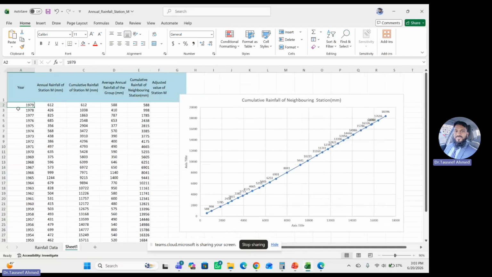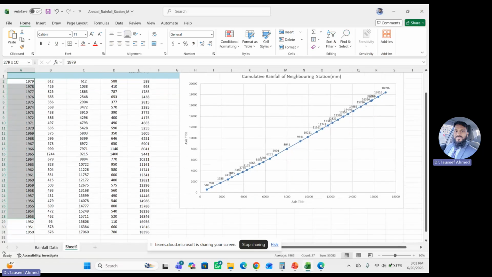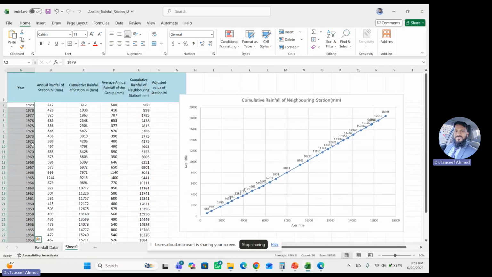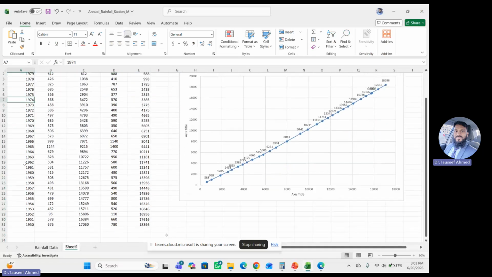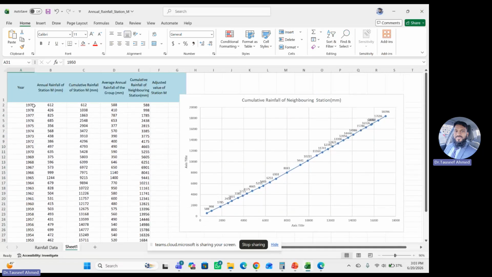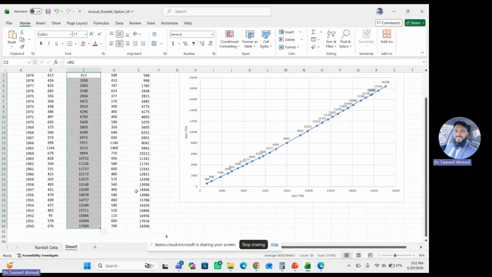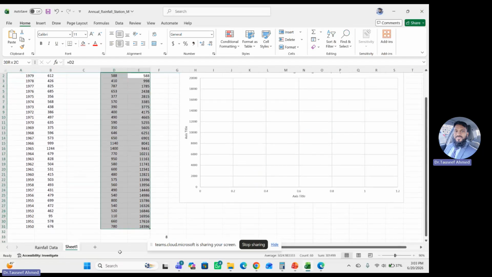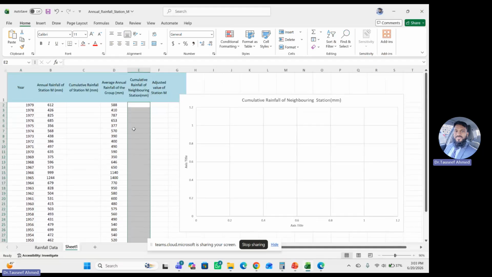I added all the values in the reverse order. That is, first 1979, then 78, 77, 76, 75, 74 up to 1950, and its respective rainfall is here: 612, 426, 825, 685, likewise. Then I found the cumulative rainfall of station M and the cumulative rainfall of the surrounding stations.